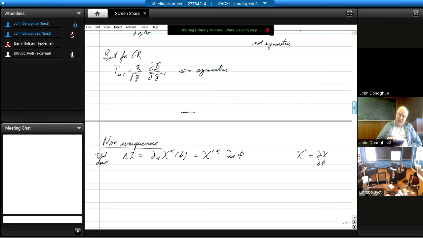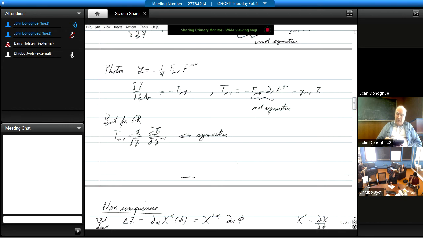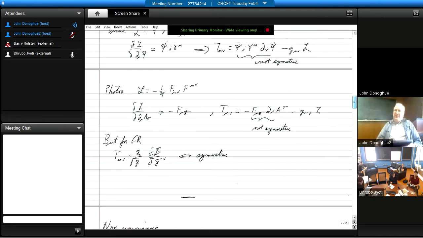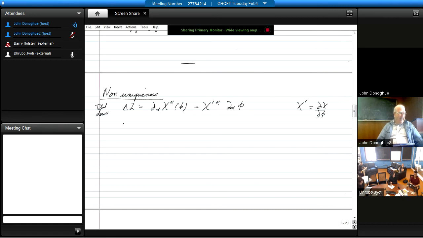But then if I go back and look at the procedure for getting the energy momentum tensor, I have a derivative of phi now from that total derivative. And so I get a change. This is then a change in T mu nu, which is chi prime mu d nu phi.